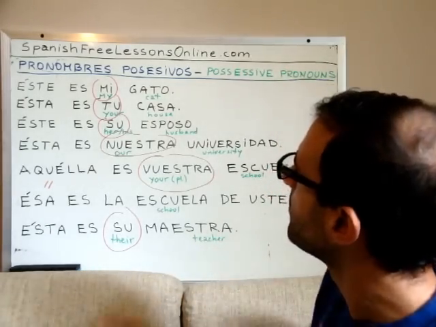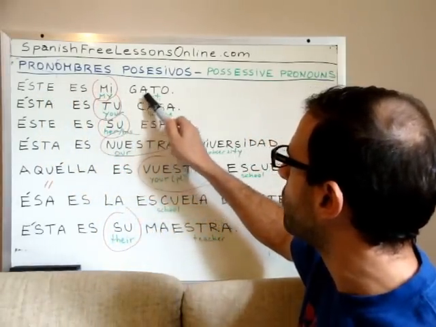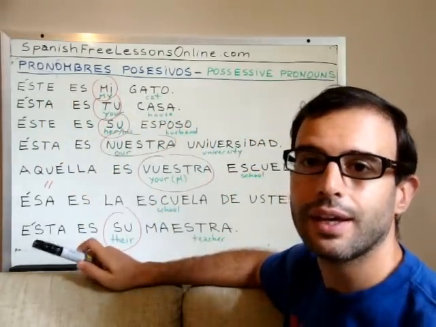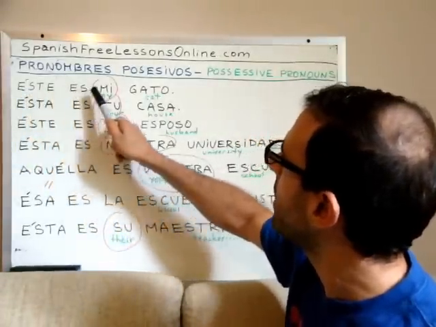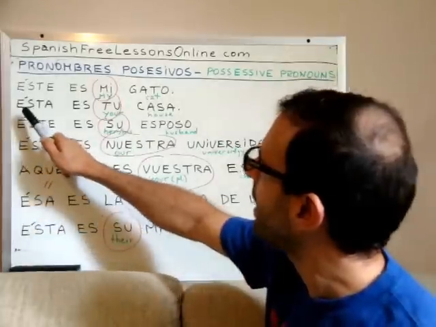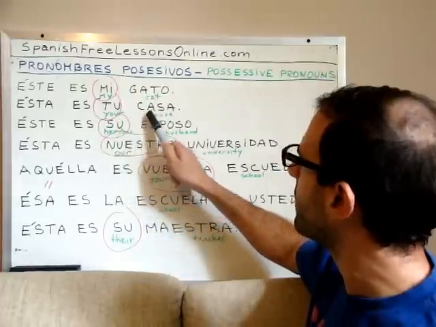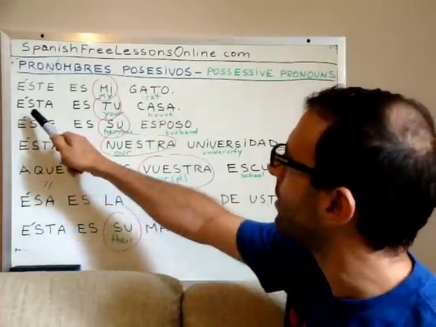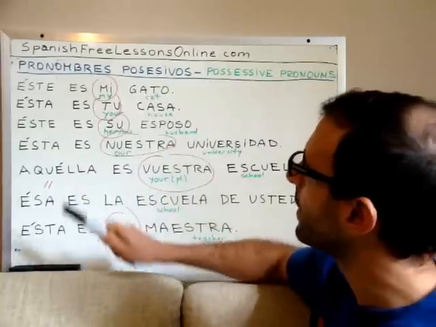So let's begin. Este es mi gato. Este es mi gato means this is my cat. Esta es tu casa. This is your house.